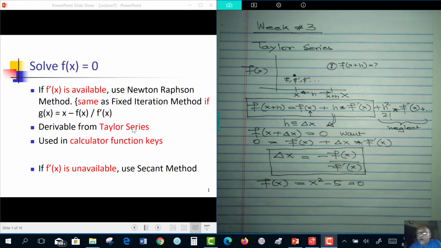It converged in about 4 iterations. And I told you that this method is used in implementing the square root key on your calculator. So when you try to find the square root of any number, it uses this method.